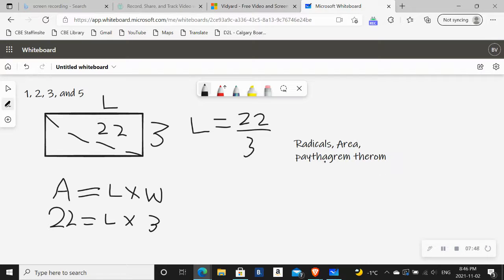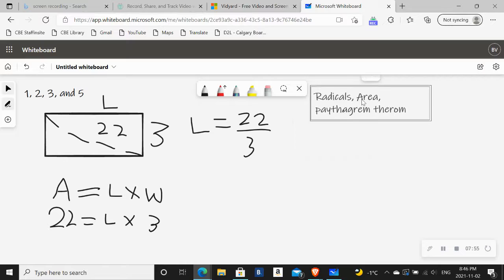Okay? And soon, we'll be using the Pythagorean theorem real soon. Actually, no. We'll be using it right now. So with our triangle right here, let's actually draw it out. So our triangle, like this, and there we go.